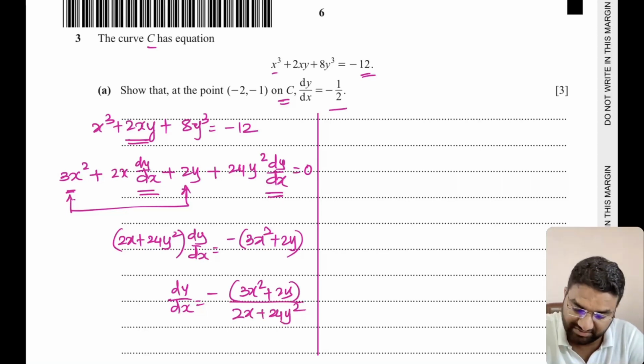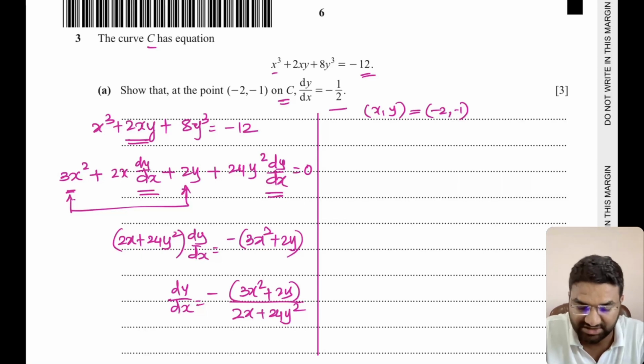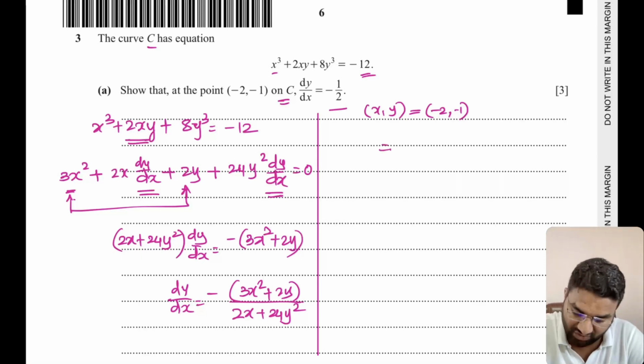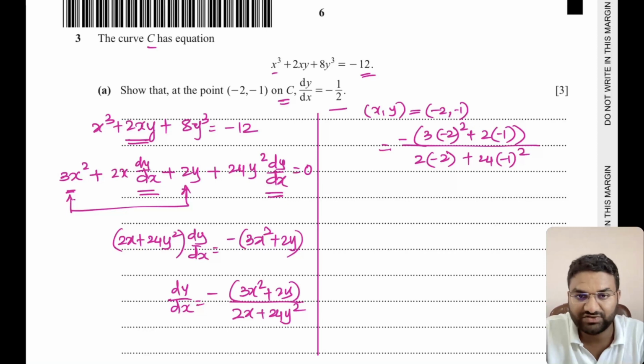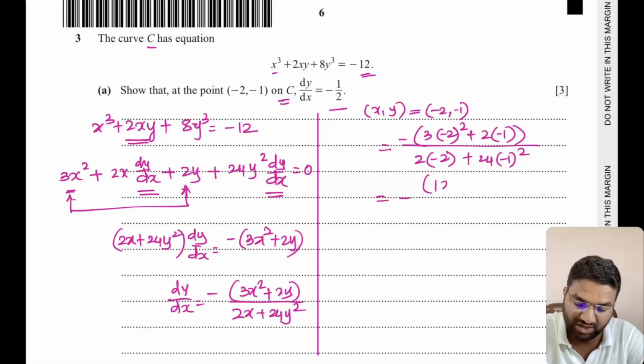Then we have to substitute x and y as negative 2 and negative 1. So we get negative of 3 times negative 2 squared plus 2 times negative 1, divided by 2 times negative 2 plus 24 times negative 1 squared. So we get negative of 12 minus 2, upon minus 4 plus 24.